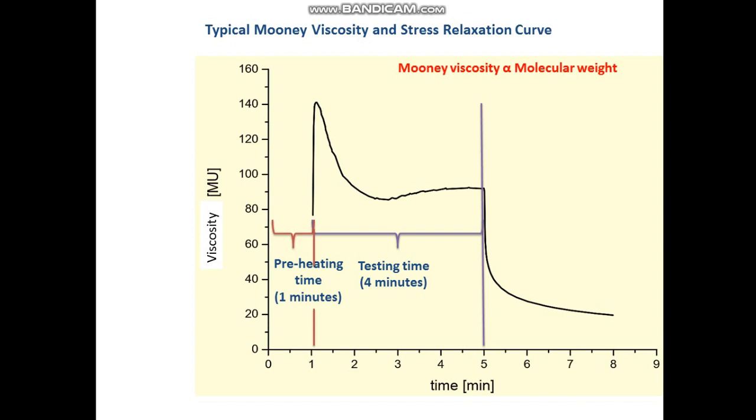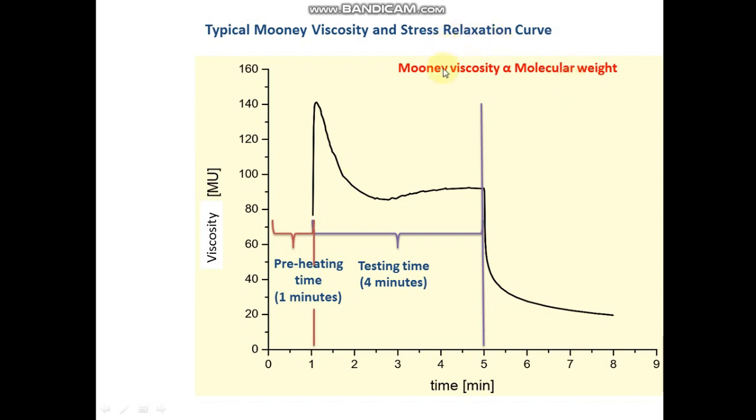So what will happen once the rotor rotates inside the cavity while shearing our heated rubber sample? Due to the rotation of this rotor, our rubber sample will be sheared and abraded. Due to that, the molecular weight of our rubber sample will reduce.